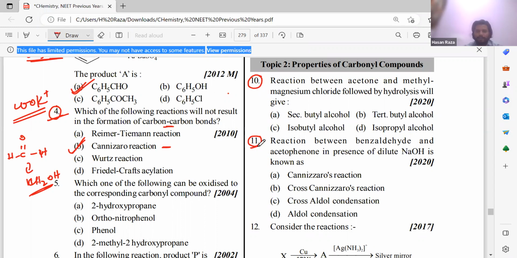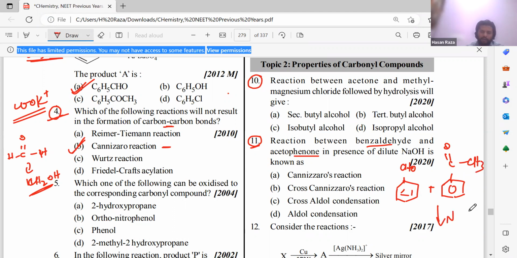Question number 11, please. Reaction between benzaldehyde and acetophenone. So first of all, you need to know about the structure of this. This is your CHO, and acetophenone has a structure like this, and this is treated with NaOH.